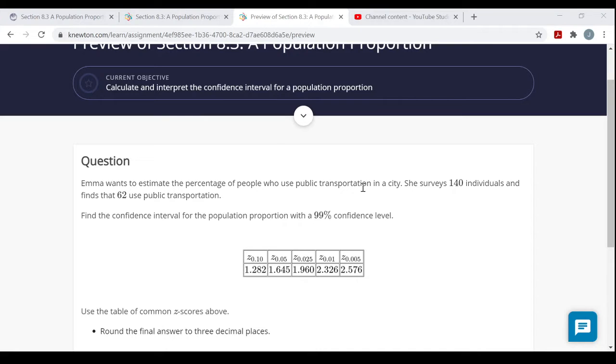All right. So her population here is the entire city, the people in this entire city. And the sample she took was 140 people from the city. All right, so let me go and write out what this scenario looks like.